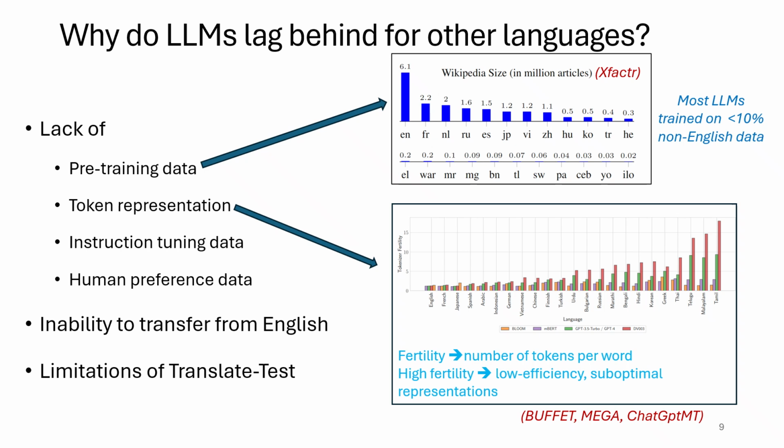Just like pre-training data, the next limitation is that the amount of instruction tuning data is very limited. And the next step is, of course, generally you want to have human preference alignment, and that data is even scarcer for non-English languages. Given all that, we want to rely on the ability to transfer knowledge from English to other languages, and that is a very open problem.